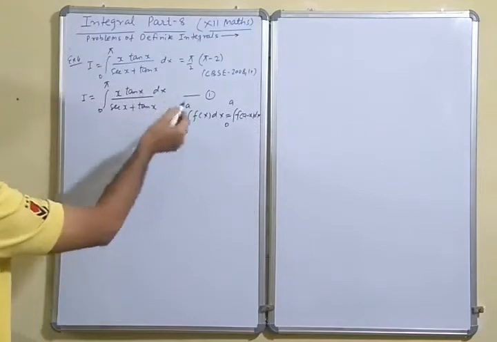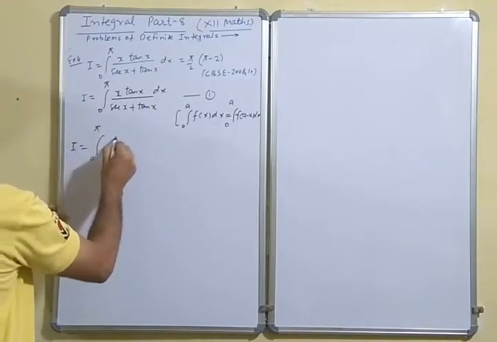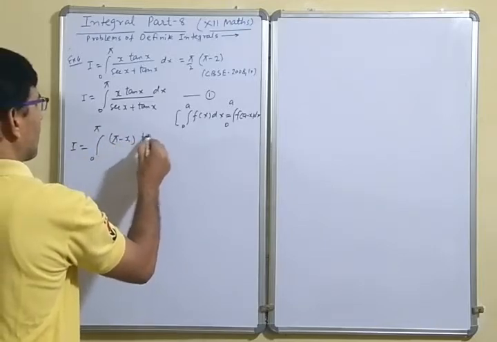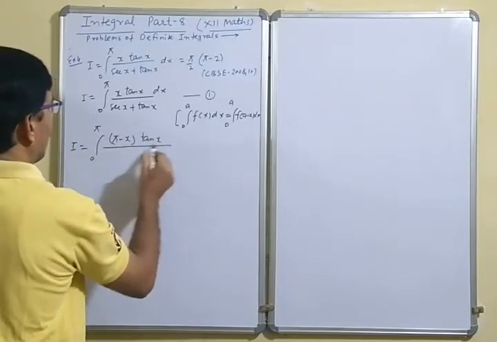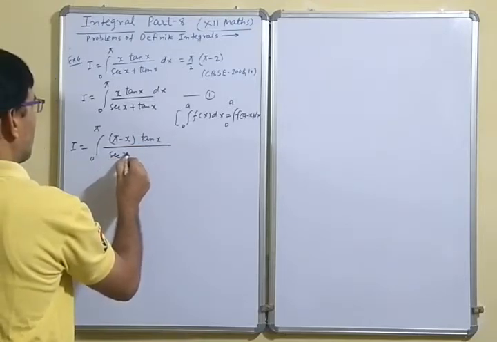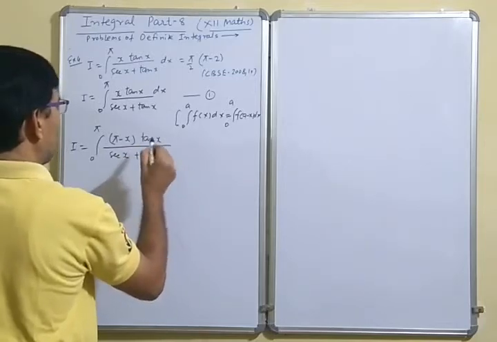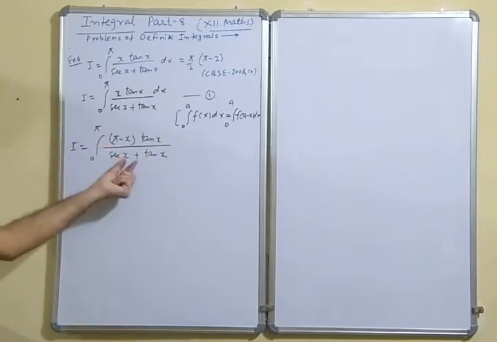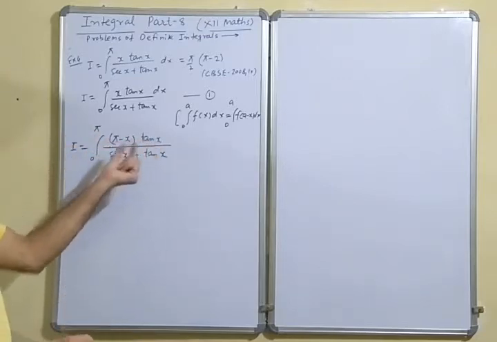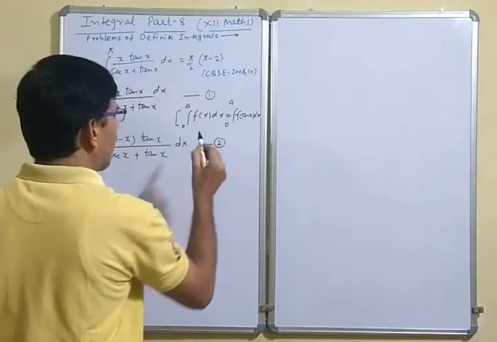So by using this property, it becomes I is equal to integral from 0 to pi of (pi minus x) tan x upon sec x plus tan x dx. Mark it as equation number 2.